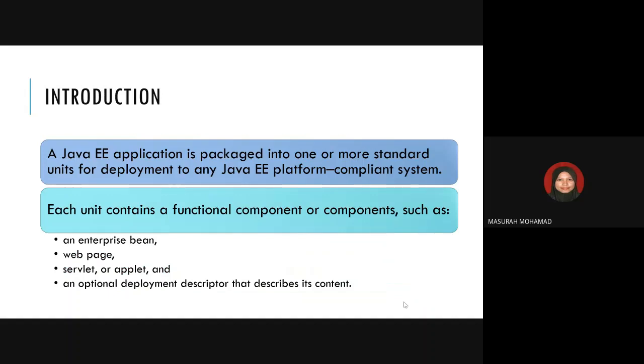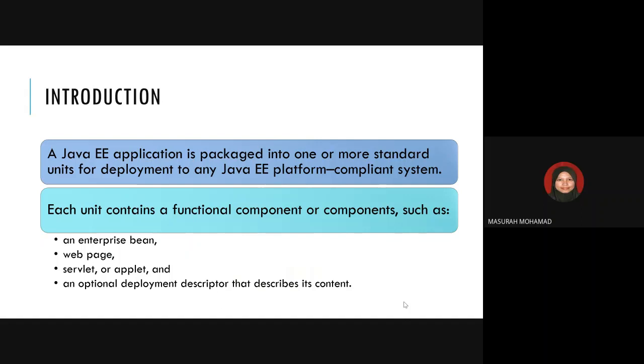So let's start. A Java EE application is packaged into one or more standard units for deployment to any Java EE platform. For what? To make sure the project that you have developed may comply with any platform and can be used in any standard format.